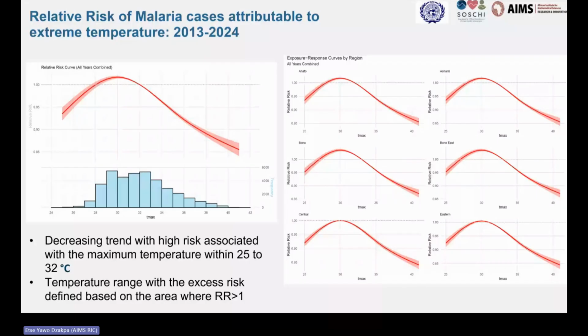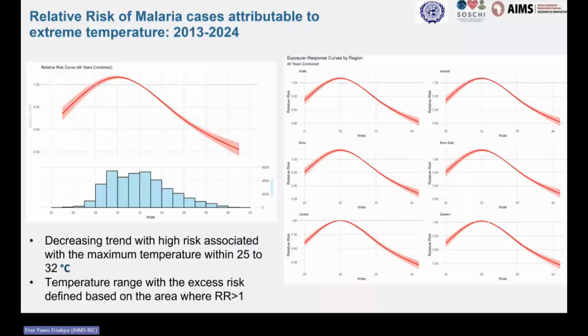So to calculate this, we clearly identify the relative risk with temperature. For example, for the Ghana case at country level, we identified that between 28 and 32 degrees is the range where we have a high risk. There is a threshold: if we have a relative risk equal to 1, it means that we don't have any effect.